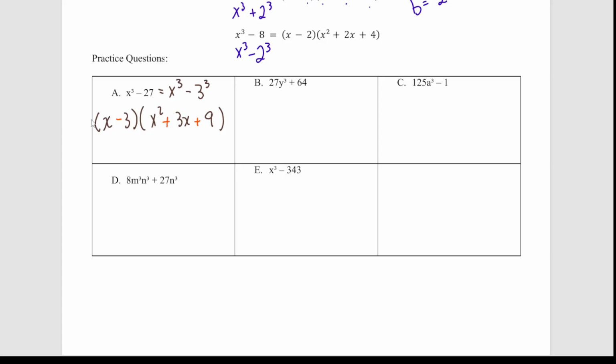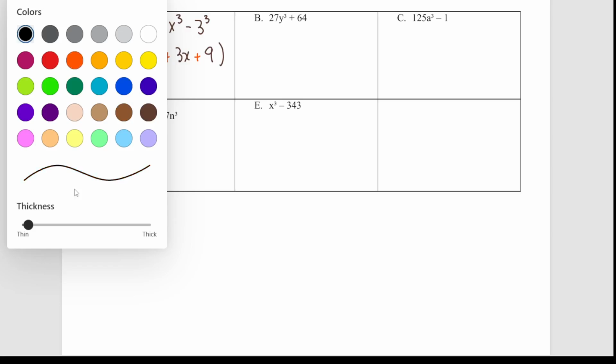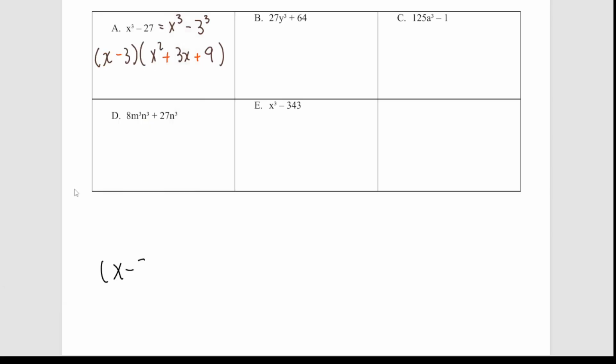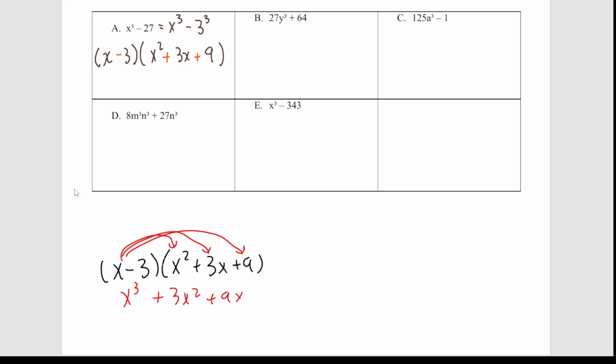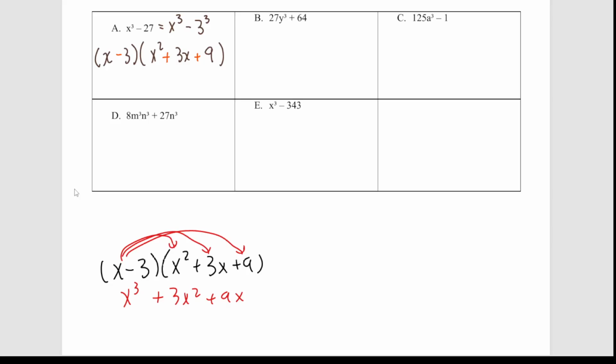And this can seem a little bit magical, so let's go ahead and actually practice checking our work with this to make sure that we're doing that right. So I wanted to kind of prove to you that this does indeed work. If I were to completely expand this out to check myself, x times x gets us x cubed, x times 3x gets us plus 3x squared, x times 9 gets us 9x, and then we'll want to keep on going, and I'm going to start vertically aligning my terms.